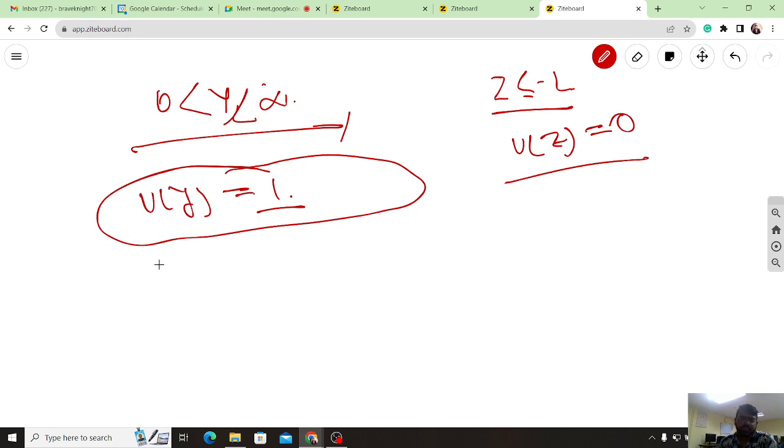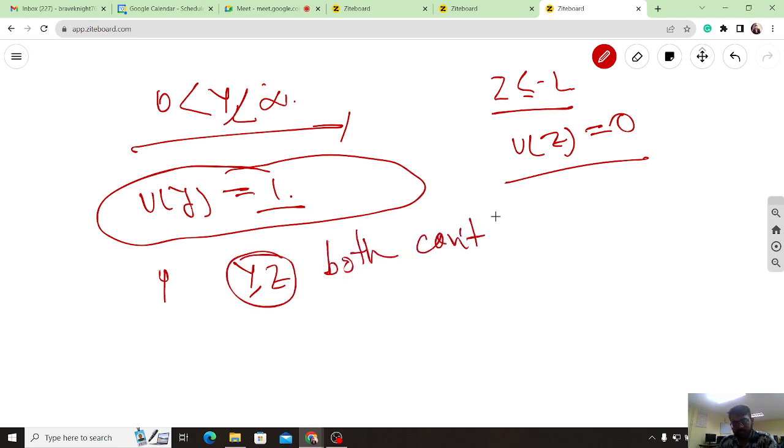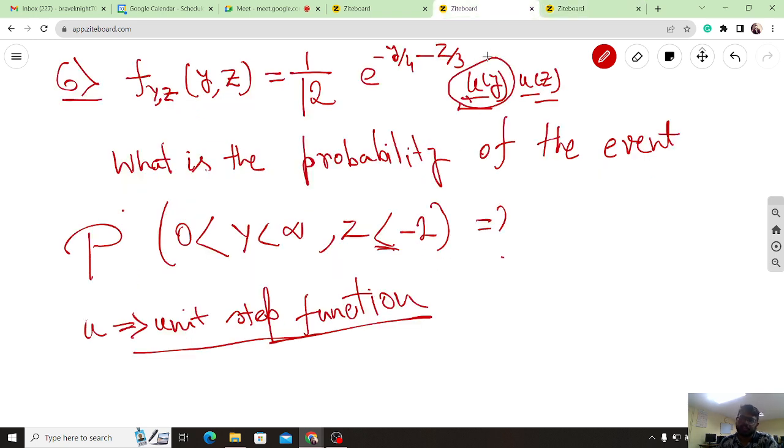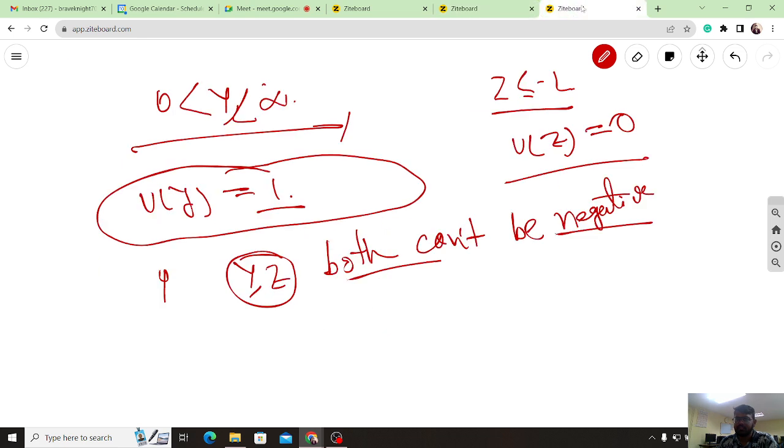So basically it says that y and z both can't be negative, because there is a u function.